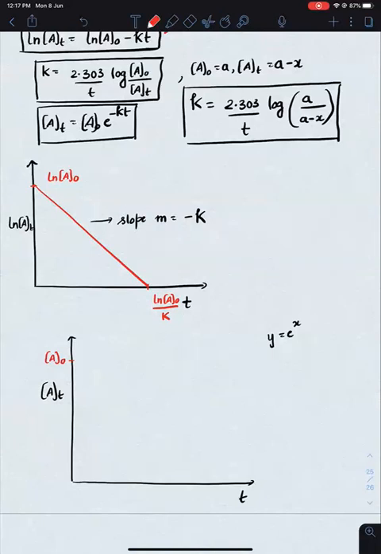The expression for At is A naught into e power minus kt ना. अगर At 0 है तो what is the value of t? Infinite. If there is infinite value of time, then only you can have At as 0. So ये जो graph है कहीं infinite पे जाके मिलेगा वो x axis को.